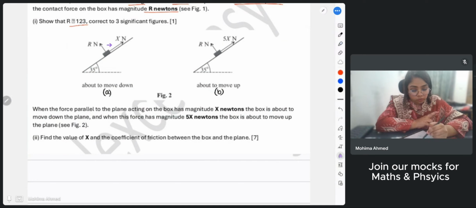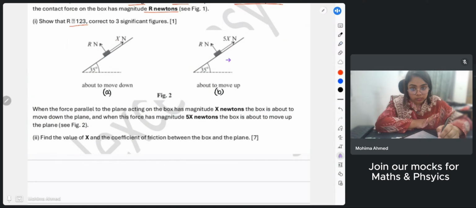And when the force has magnitude 5x newtons, the box is about to move up the plane. So for 2B, the box was about to move up the plane. In that case, friction was about to act against the motion, down the plane for this part 2B, even though acceleration is still 0 for both the cases, right?